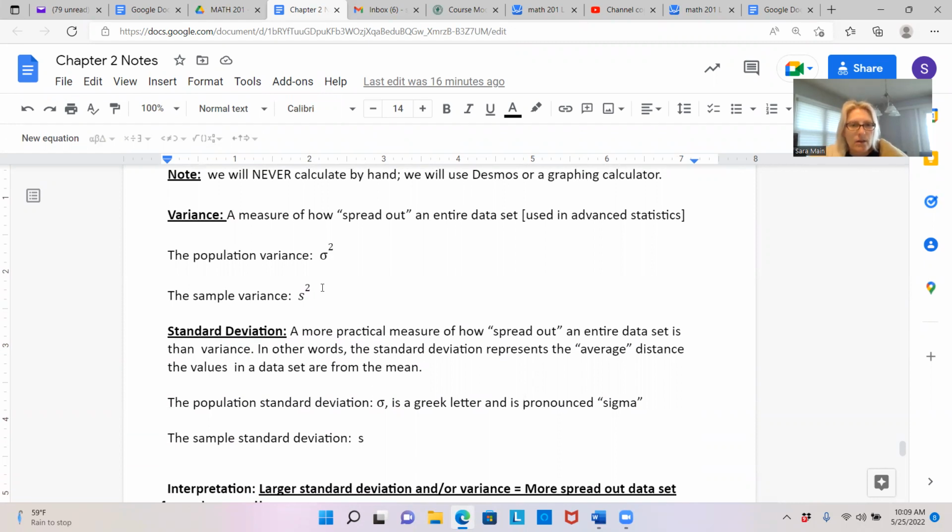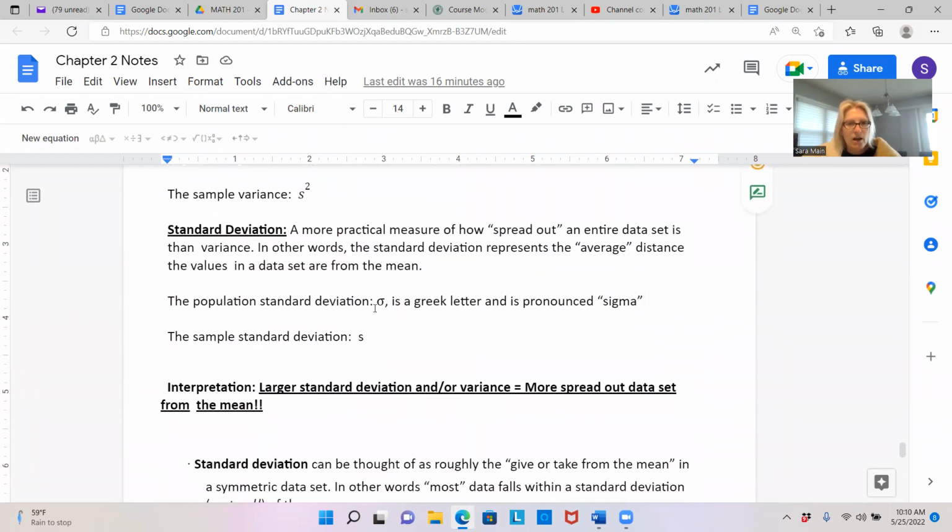This is called sigma, this little symbol here. Sigma squared is the population variance, because remember, everything is squared. The population symbols are always Greek letters. The sample symbols are always just a letter in the alphabet, so we're just using an S. And then the standard deviation is the square root of the variance.